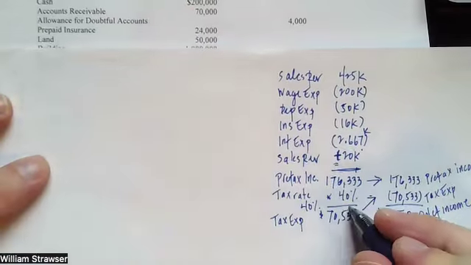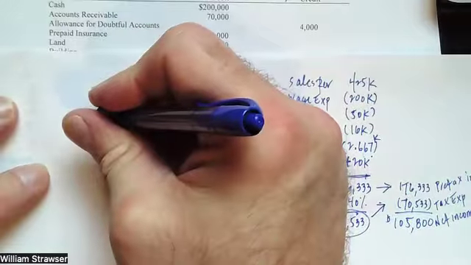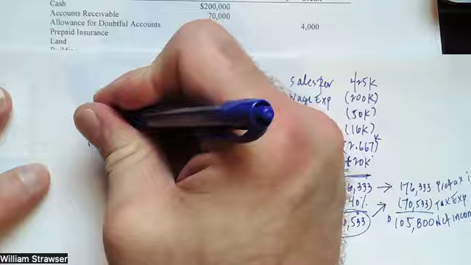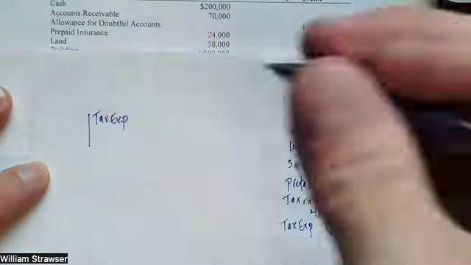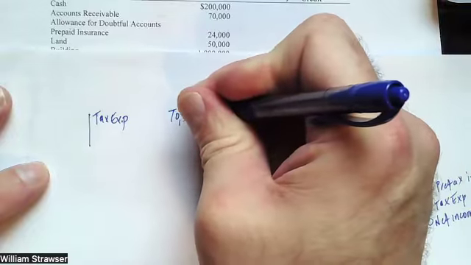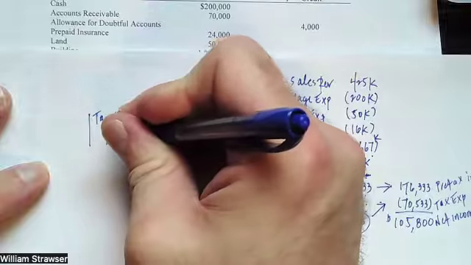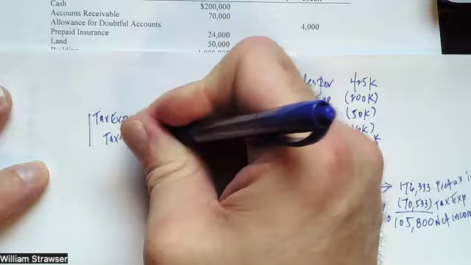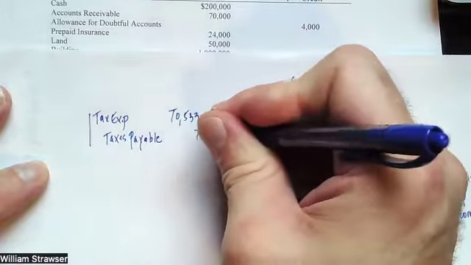So to record this tax expense of 70,533, we need one last adjusting entry: tax expense for 70,533, and tax expense is just accrued into taxes payable for the same amount.